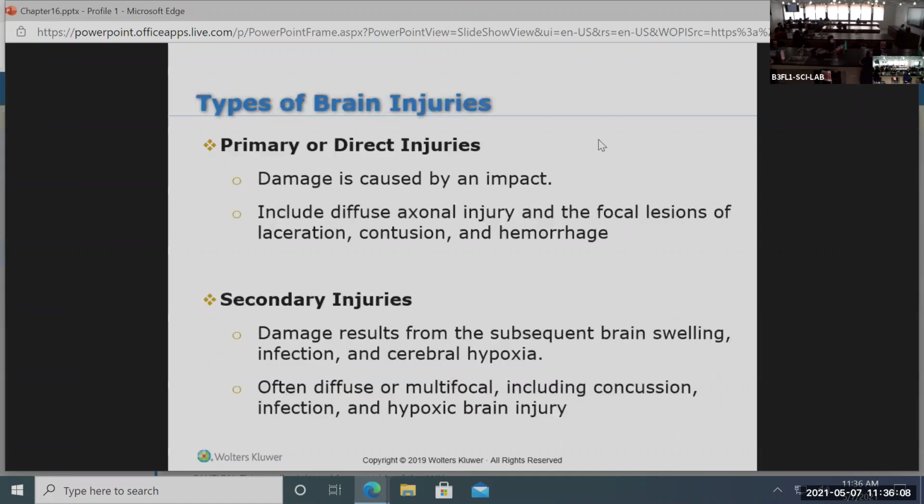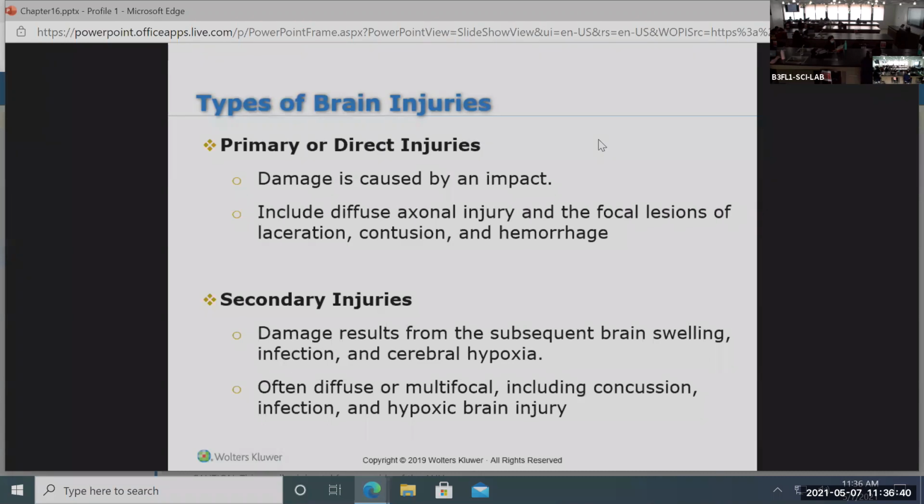There are types of brain injuries. Please remember, one is called the primary, direct injuries, and the other is secondary. The question over here, all those conditions are important: contusions, hemorrhage, lacerations. Direct injury, damage is caused by a straight impact.